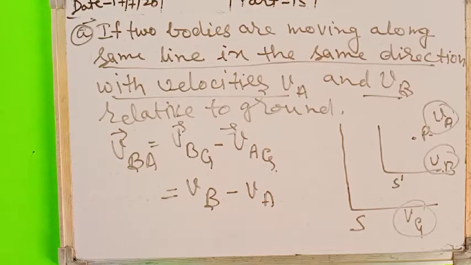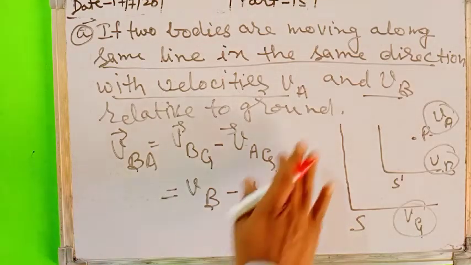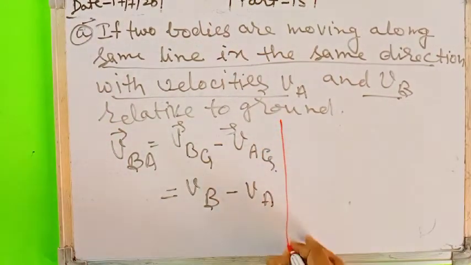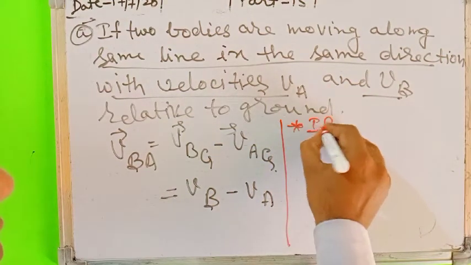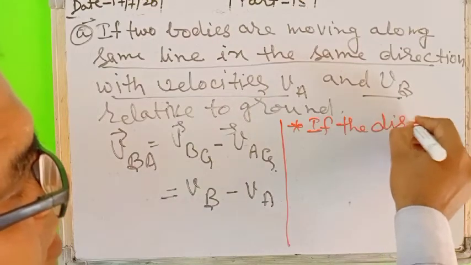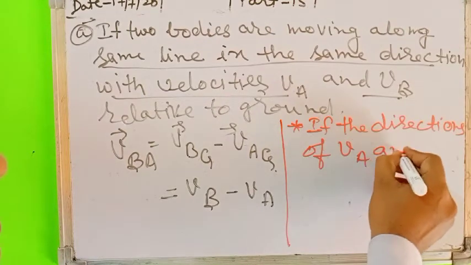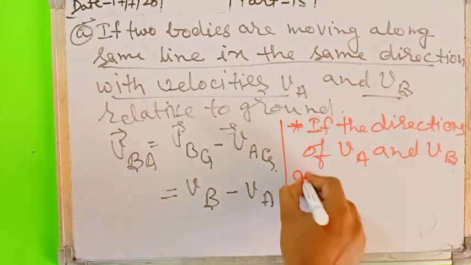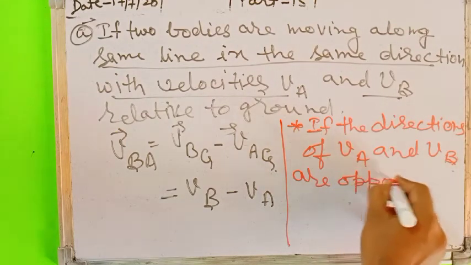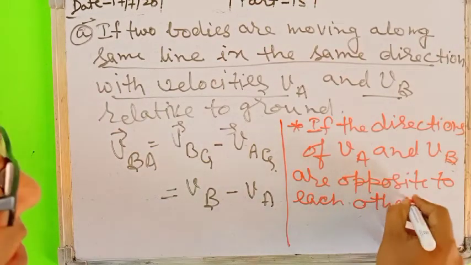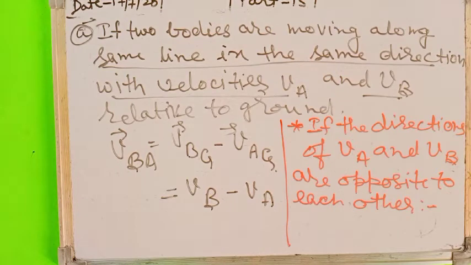If the bodies are moving towards or away from each other, the directions of VA and VB are opposite to each other.